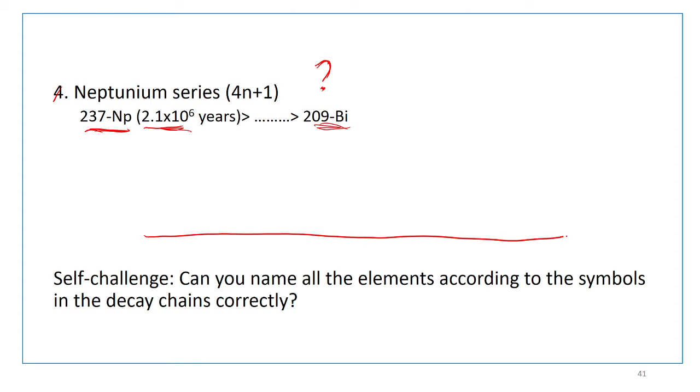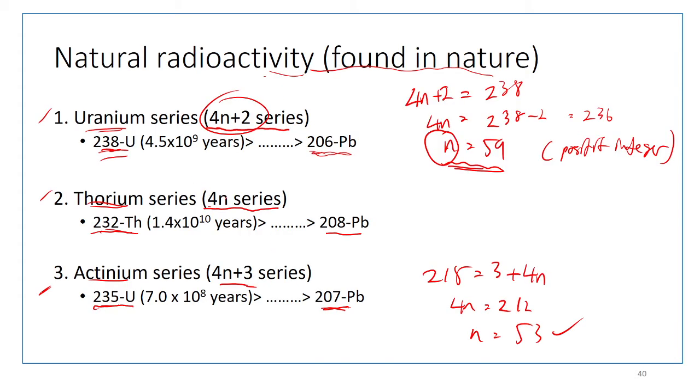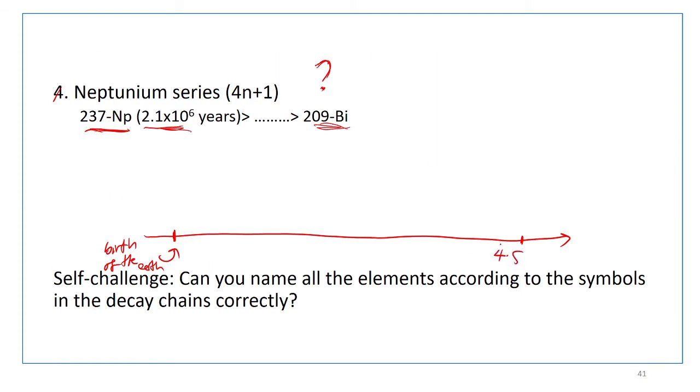Let's say this is the timeline, and this is the birth of the Earth, what they claim. And this is the present time, which is 4.5 times 10 to the power of 9 years.